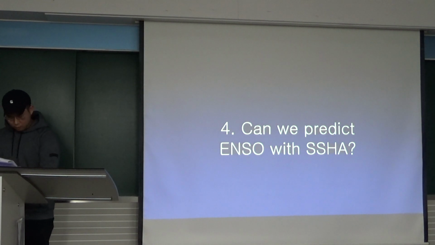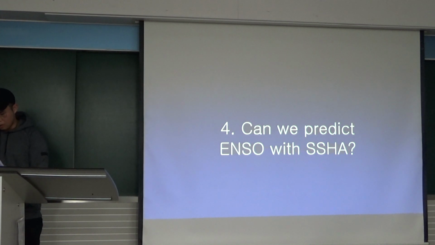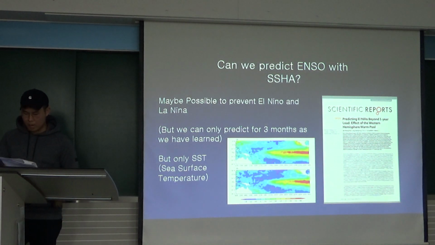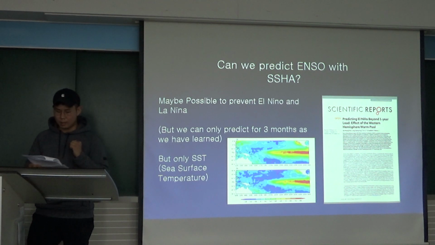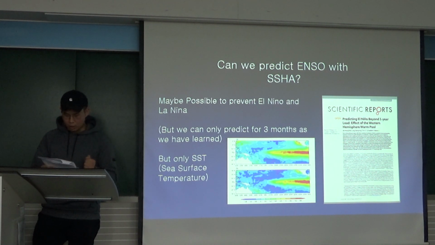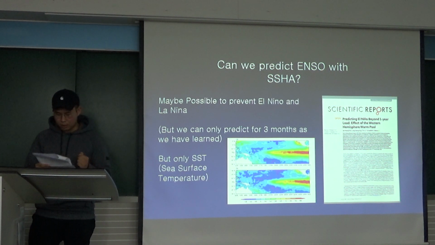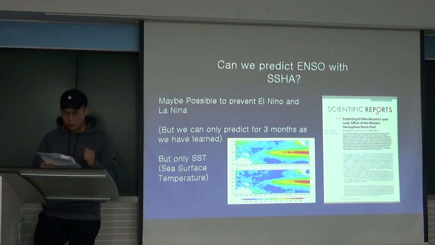During research for the presentation, our members learned that with sea surface height data, we can forecast El Nino and La Nina. So our team was curious whether that was true, but we found interesting things. There was no information related to sea surface height.